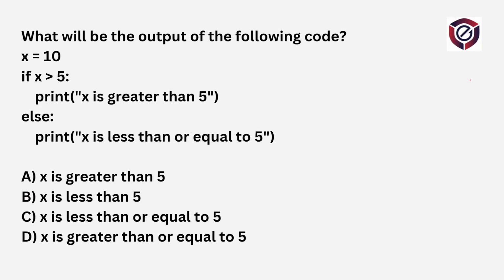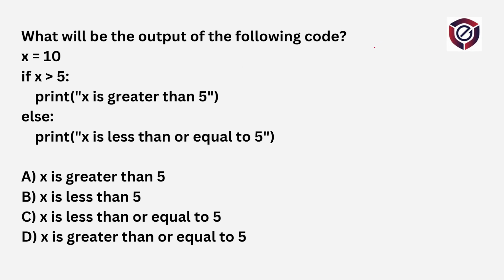A particular code has been given and you need to decide what will be the output. x equal to 10, and you need to check if x is greater than 5, or else it prints that x is less than or equal to 5.